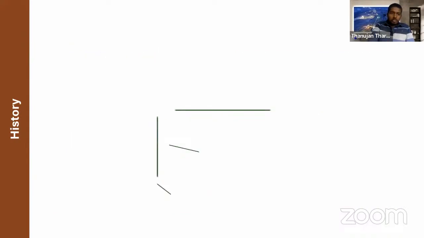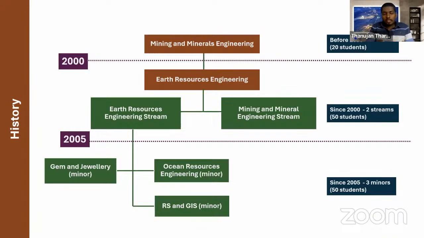In the 2000s, to accommodate more female engineers in the mining industry, the degree program was changed to Earth Resources Engineering, with two different streams, Earth Resources Engineering and Mining Engineering. Before that, the student count was limited to 20 students, including mining, chemical, and materials. After 2000, it was increased to 50 students.